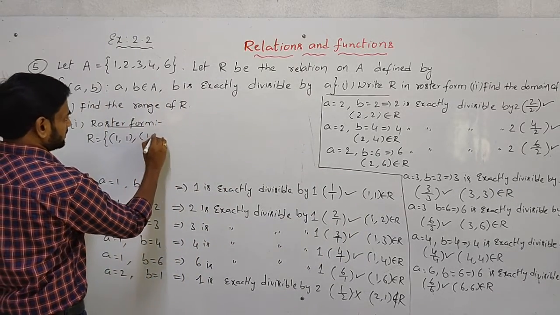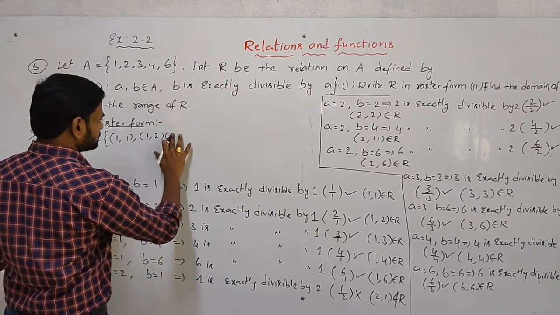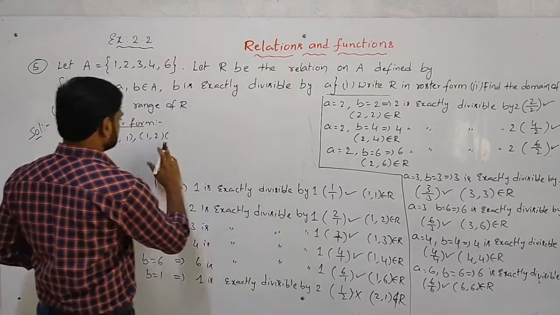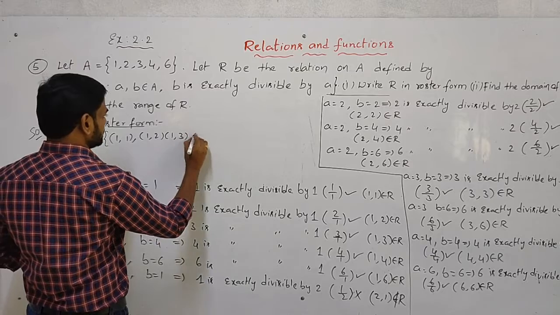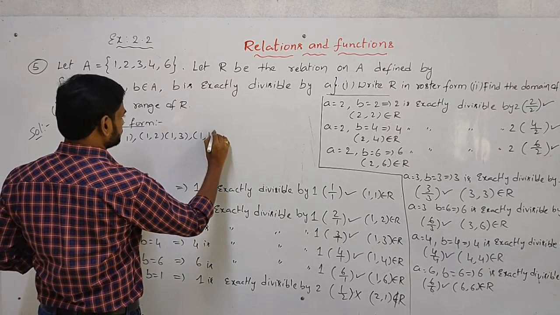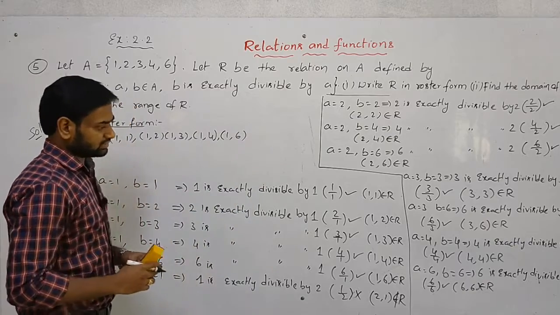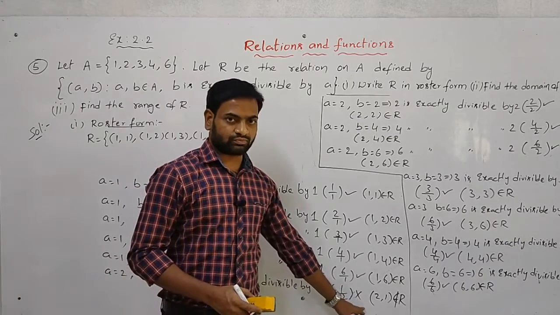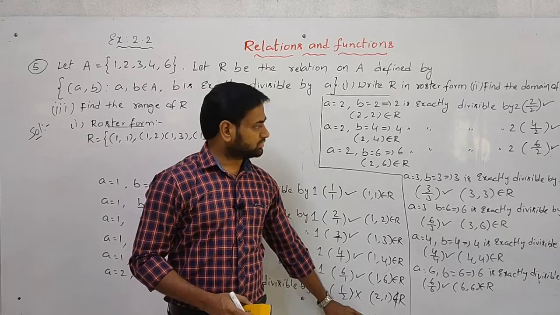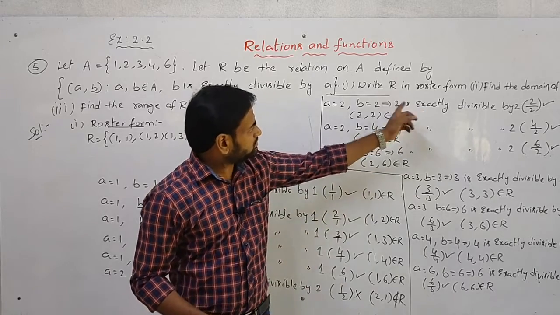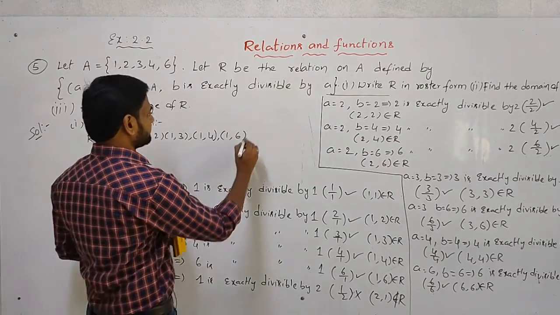Next (1, 2), next (1, 3), next (1, 4), next (1, 6). Complete. Next, don't take (2, 1), it is not possible. Next (2, 2).